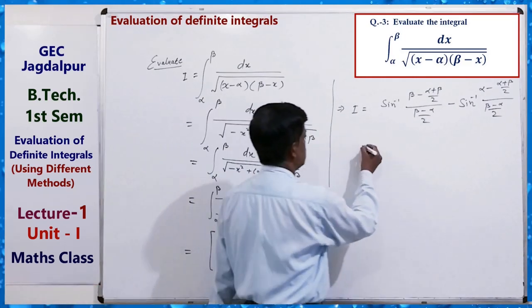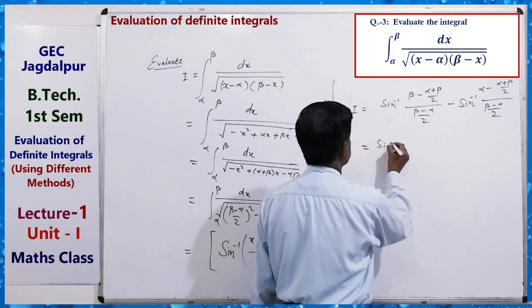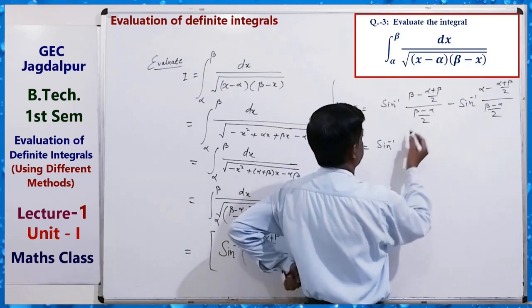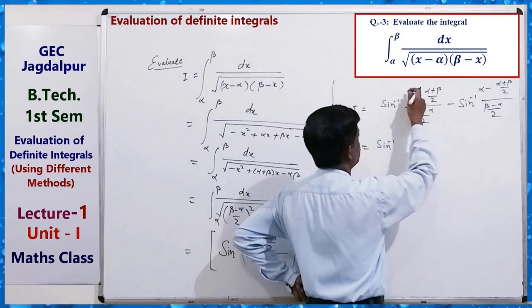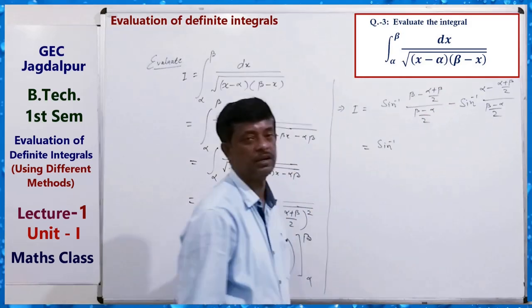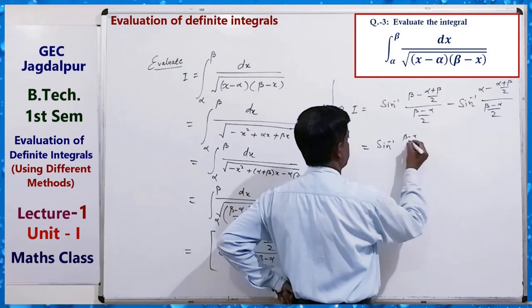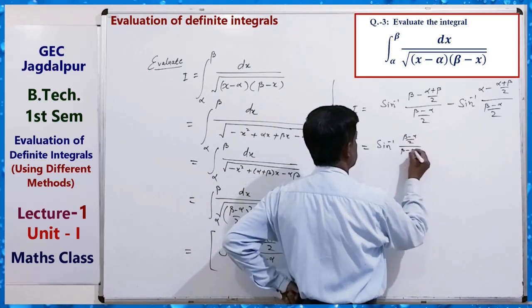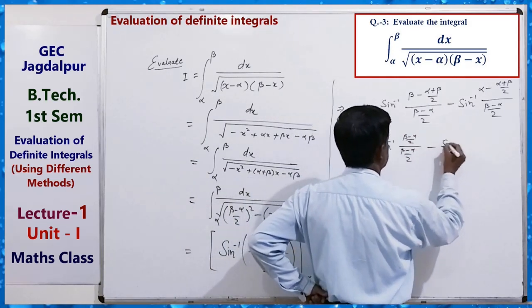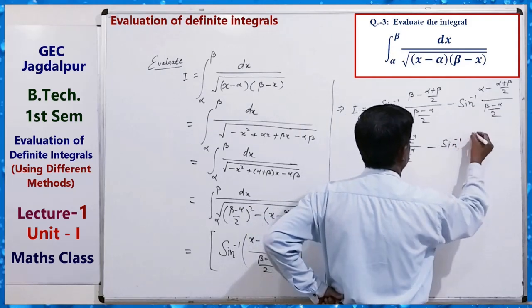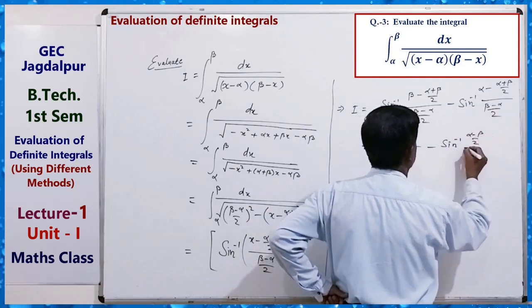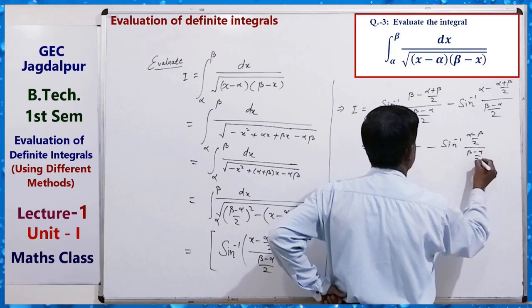Now this equals sin inverse of 2 beta minus alpha minus beta, so beta minus alpha by 2, upon beta minus alpha by 2, minus sin inverse of alpha minus beta by 2 upon beta minus alpha by 2.